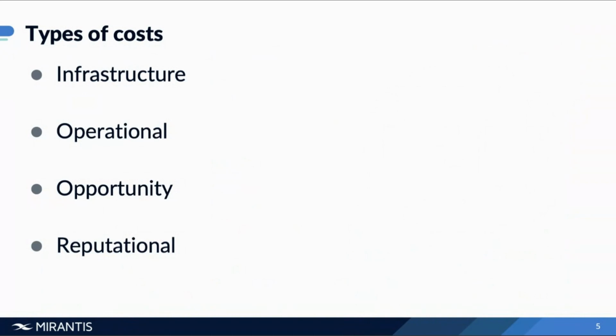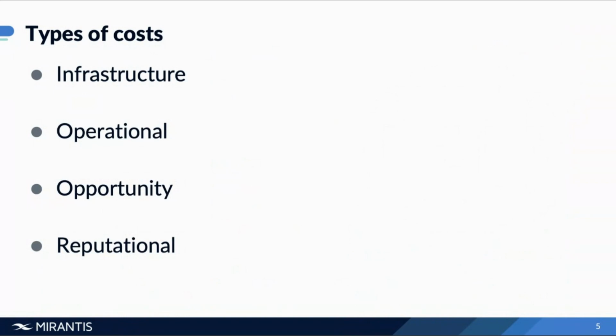The third group is your opportunity costs. And what we mean by that is, are you allocating your resources to those that are actually providing value to your company, right? Are you losing any revenue because of management or downtime or other operational activities? And then the fourth and final one is your reputational cost.